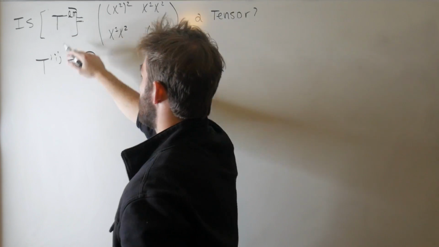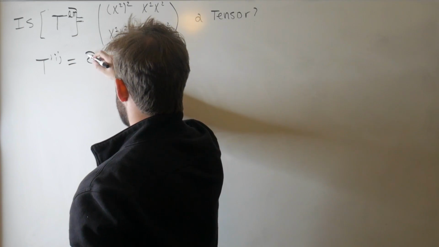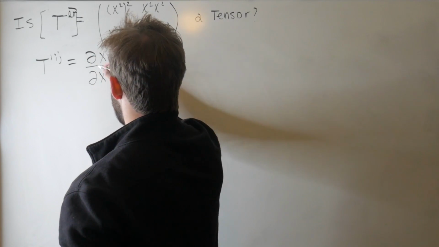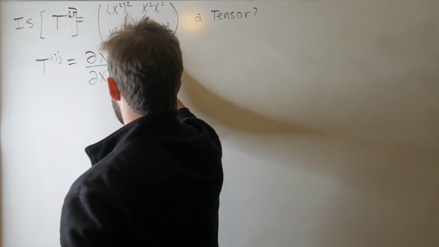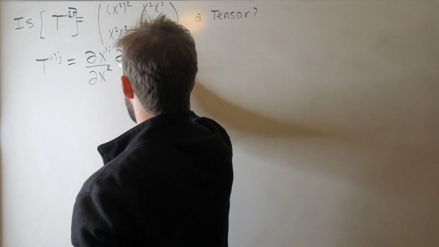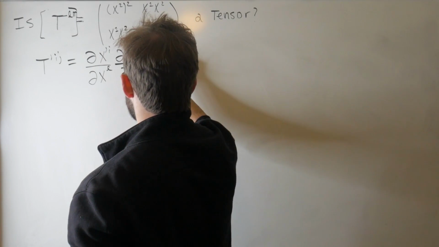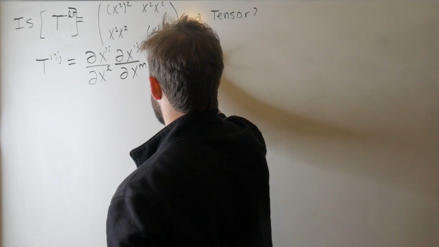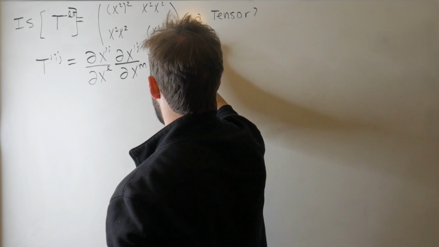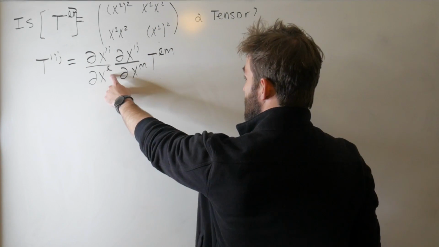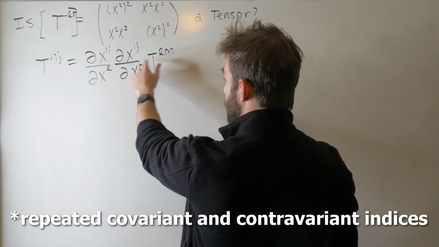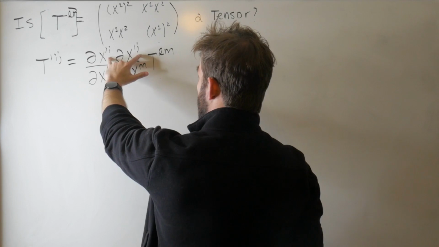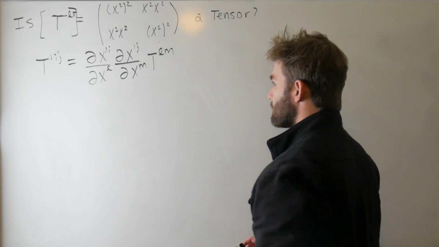We have doubly contravariant indices, so it's dx prime i over dxl, times dx prime j over dxm, times the unprimed, the regular, the old representation in the old basis, T lm. So we have repeated indices in the denominator and the numerator, so this is what we're summing over, which means all that's left over is the primed i and j, which is what we have here.